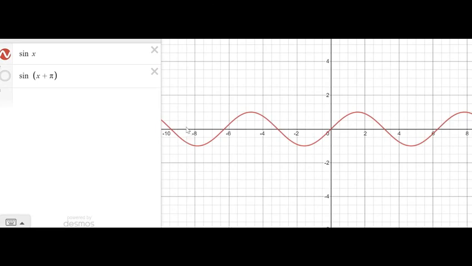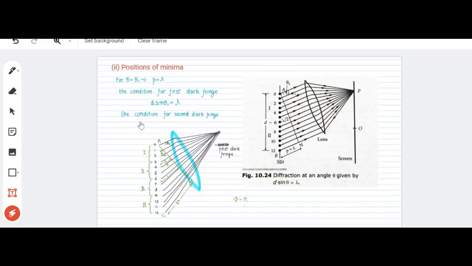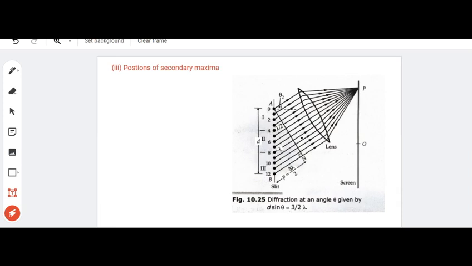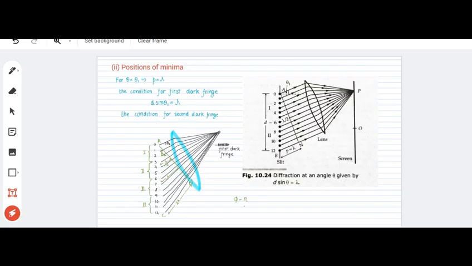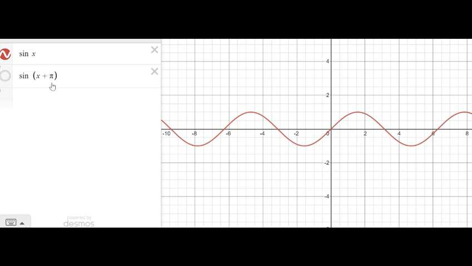This is the light wave coming from this point A. So there is no phase difference in this case, but the light which is coming from this point 3 has a path difference lambda by 2 which corresponds to a phase difference of pi. That means the light is traveling an extra phase of how much? Pi.